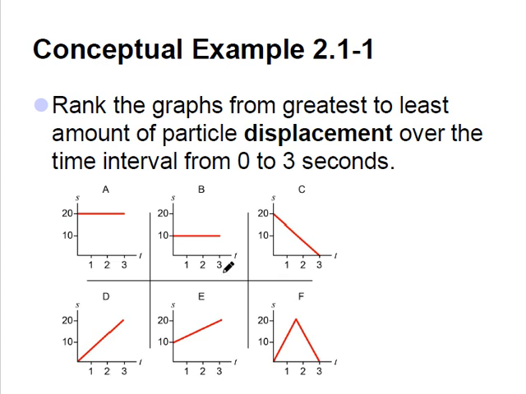So when you take a look at it, the very first thing you really need to know is how to read it. Okay, so you're dealing with an S versus T graph. T is for time and S is your position.